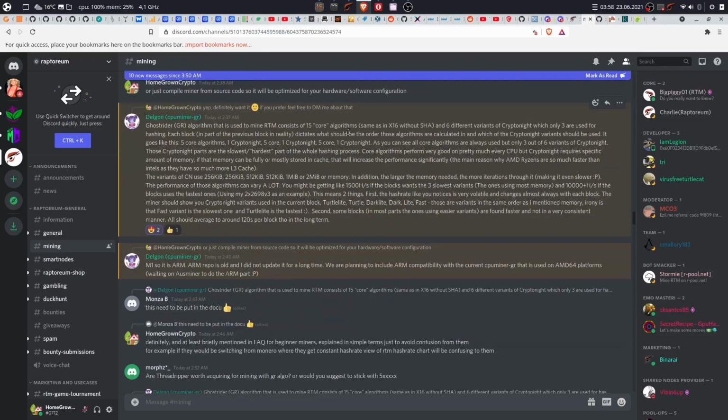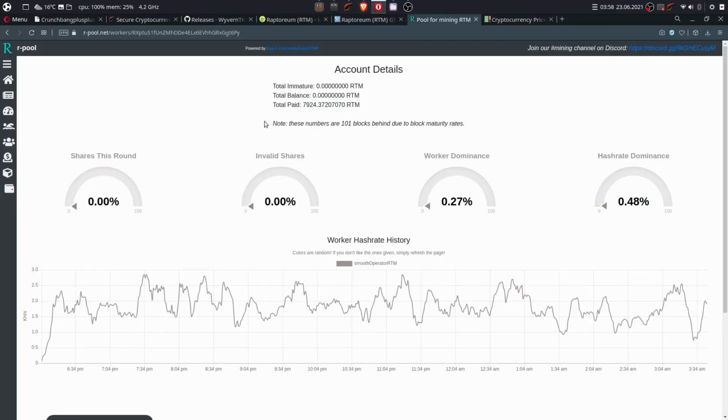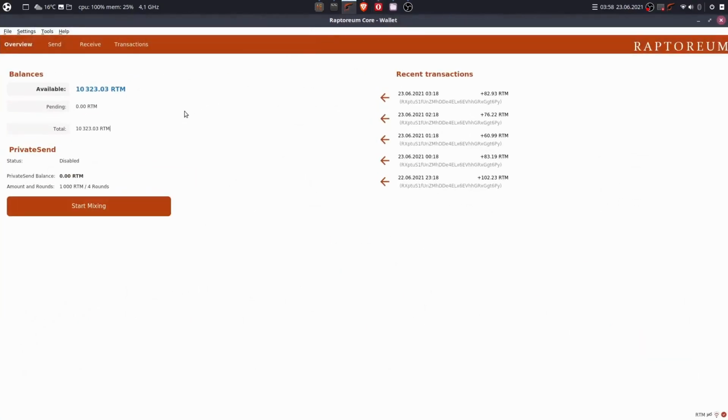Now, as we know all of this, let's check how much of Raptoreum do we really have. Let's take a look into wallet. At the moment I have 3,323 Raptoreum, which is pretty good.